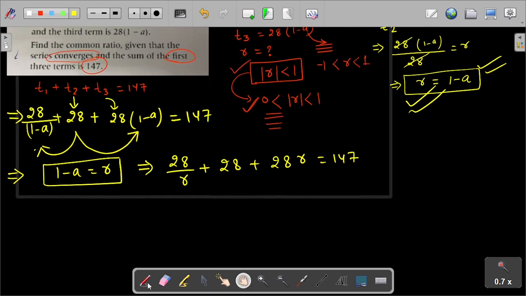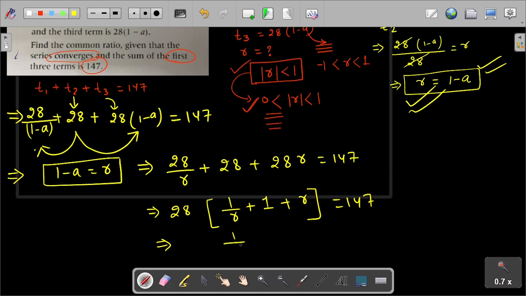From here we take 28 common, so I get 1/r + 1 + r = 147/28. Take the LCM r, so it's (1 + r + r²)/r = 147/28. We can simplify this.